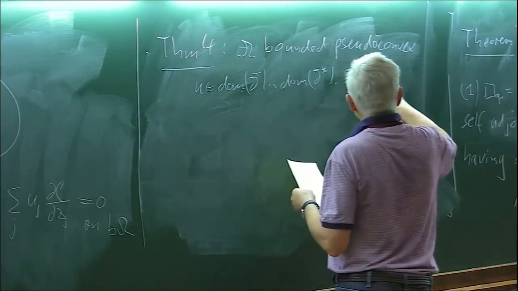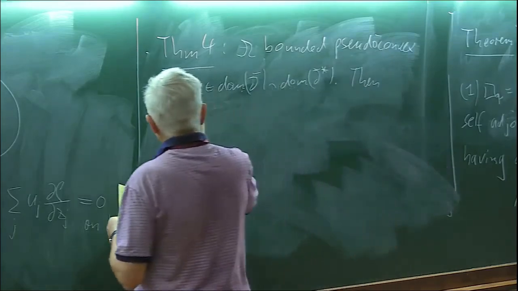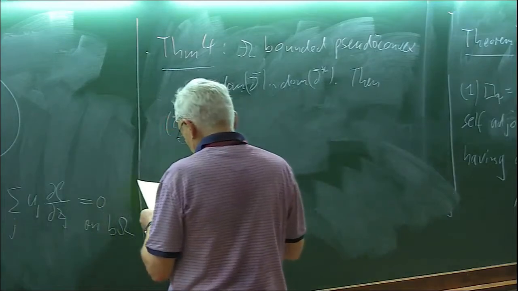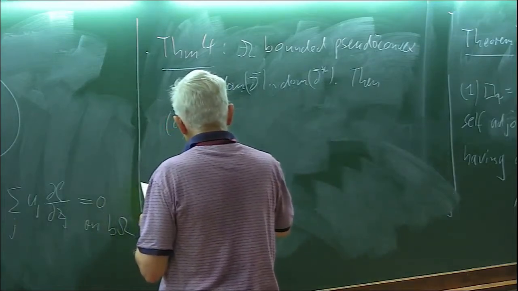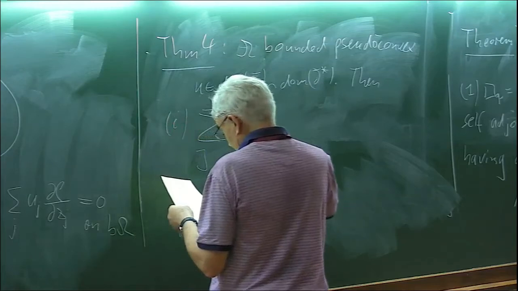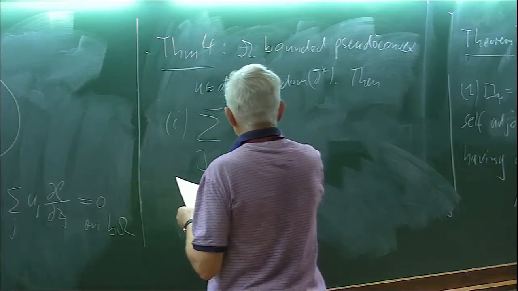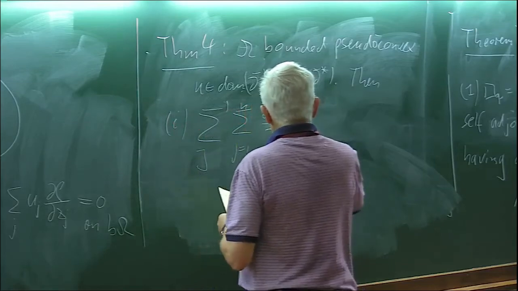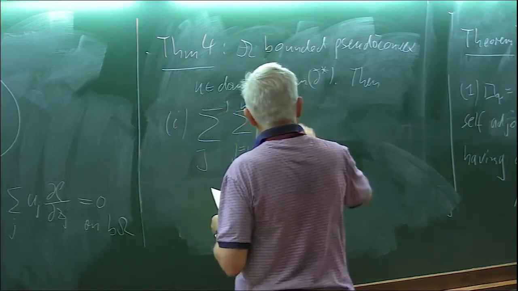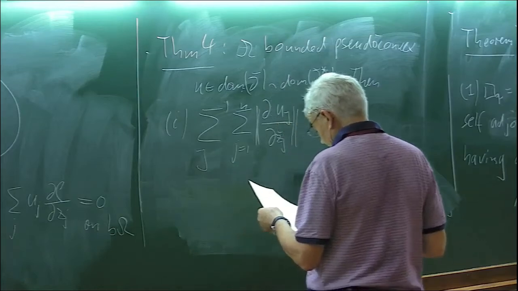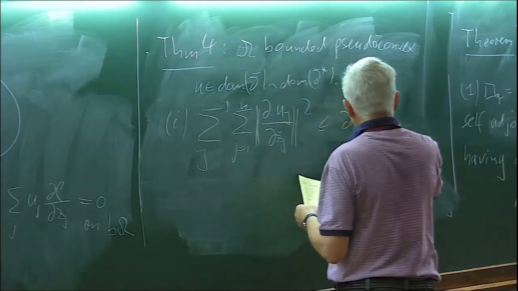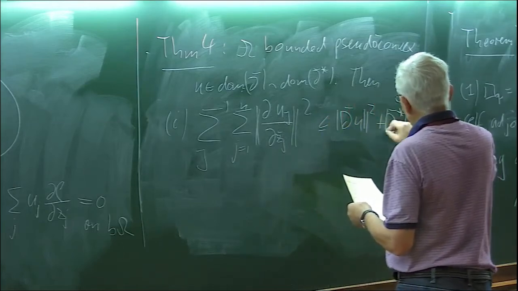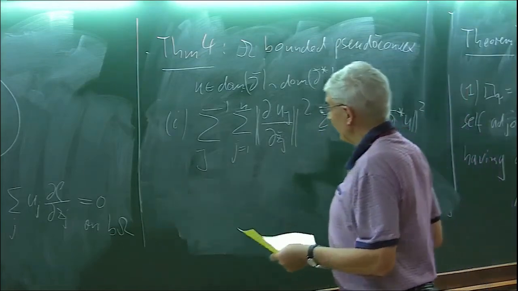Then, well, there was another part that concerned bar derivatives of the coefficients, so we can also get this: the sum over j from 1 to n, duj dcj bar, norm squared, less than or equal to d bar u norm squared plus d bar star u norm squared.